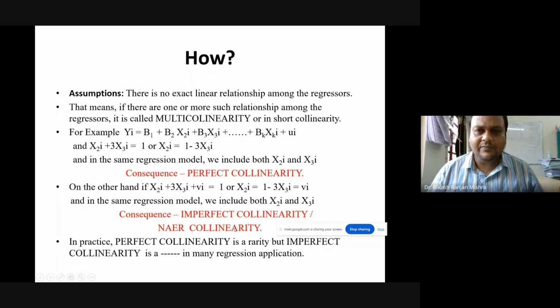That is the subject matter of perfect and imperfect: sum them together for any linear combination; if equal to 1, then perfect collinear; if any other constant, then imperfect collinear. Both of them are bad. Perfect collinearity is a myth, or may arise, but the majority of problems revolve around imperfect collinearity.